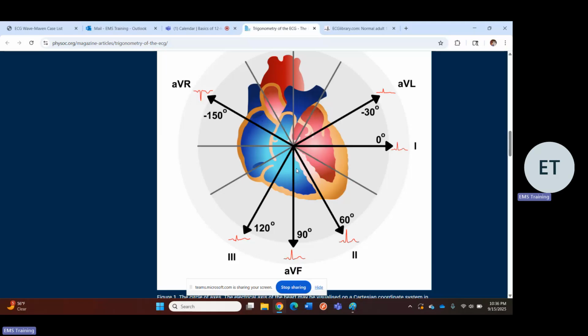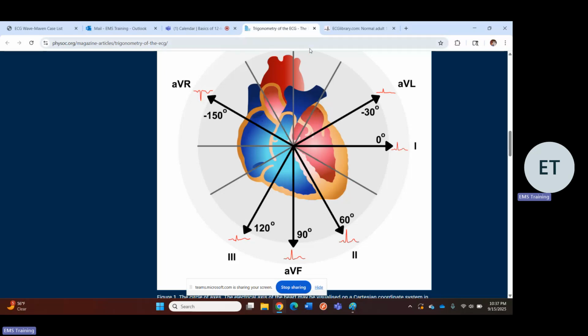So put the leads 100% correctly where they're supposed to go according to the textbook definition. And then put the patient in the textbook position, which is like flat to 30 degrees-ish, right? And then don't move the patient and don't move the electrodes when you take serial EKGs. That is a basic concept that people, in my opinion, neglect all the time.